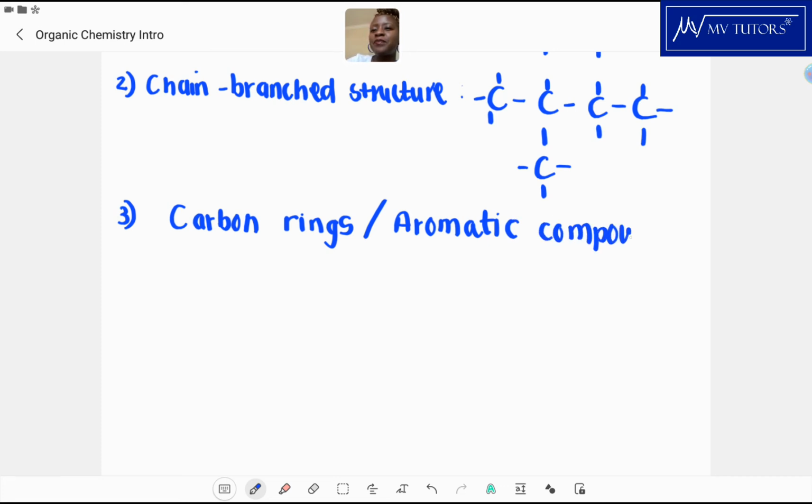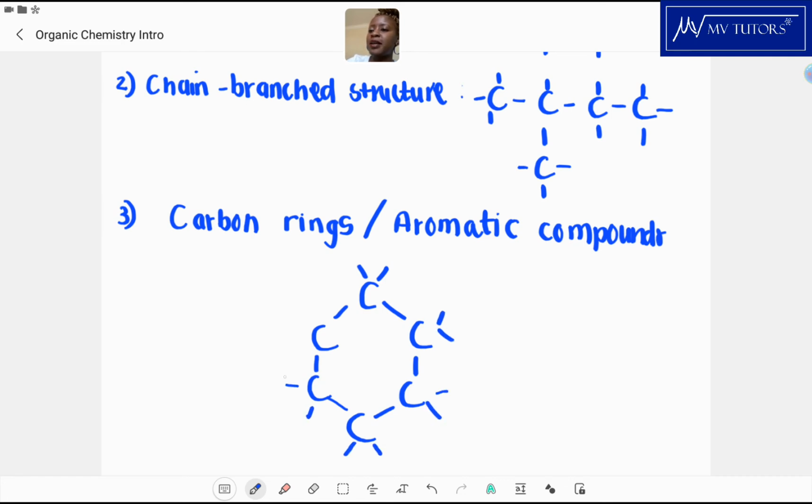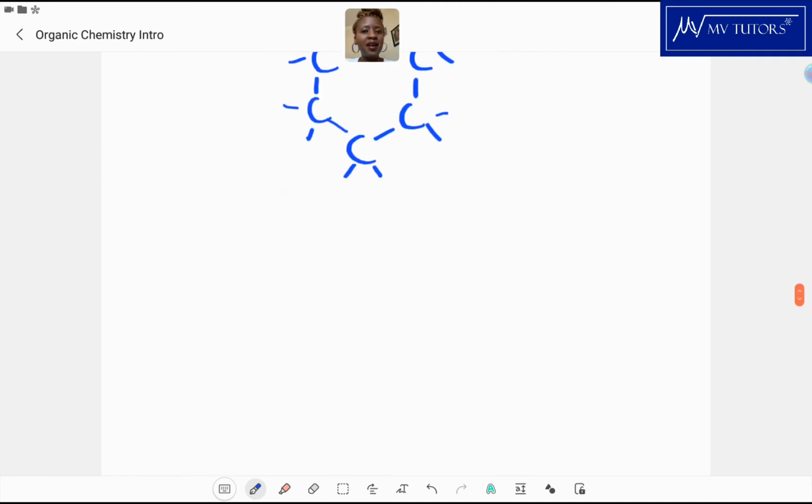You would have a ring structure where it's basically closed. I'm just going to use 6 carbons, all bonded to each other. Because carbon forms 4 bonds, just remember to indicate that as well. And that is how it is.